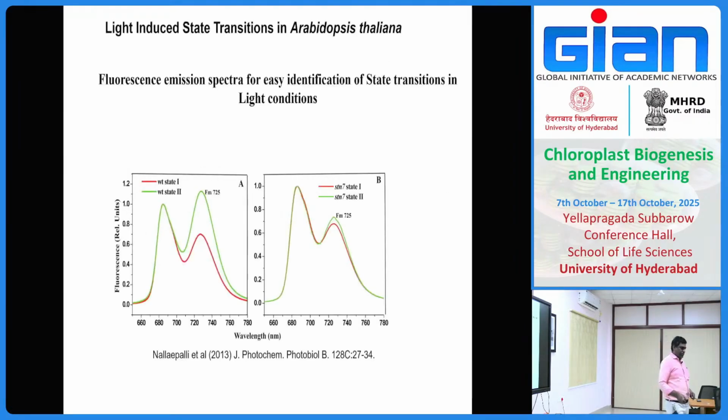The simple technique is low temperature fluorometry, where we show the difference between state 1 and state 2 complexes. We induce this physically with light conditions, and when photosystem 2 light harvesting complexes get excited, they get phosphorylated. The phosphorylated complex has to migrate to photosystem 1.